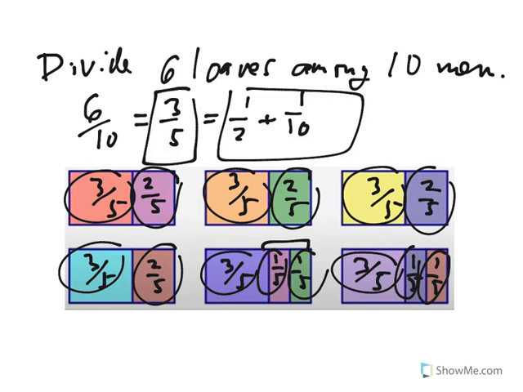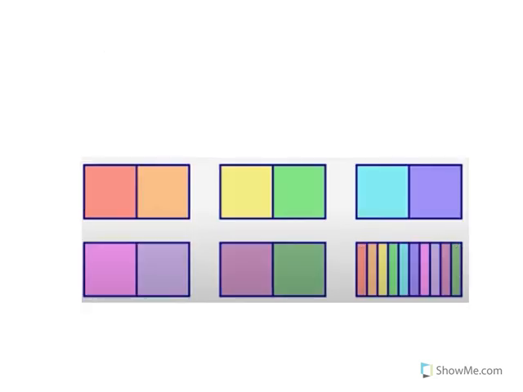Well, if instead we think of it as 1/2 1/10, it allows us to do something like this. So if instead of giving people literally 3/5, I give them 1/2 plus 1/10, which is equal to 3/5, then I can give each person, like this person, could get a half.